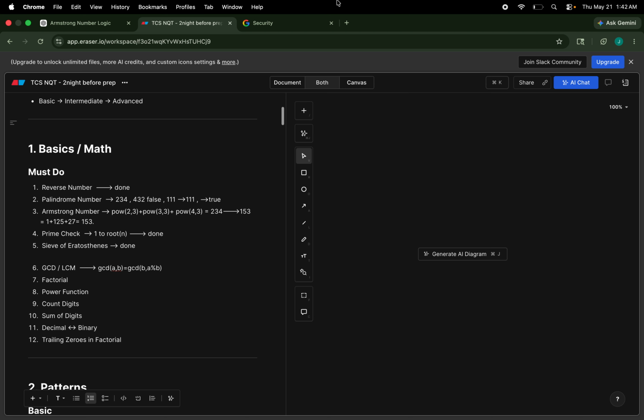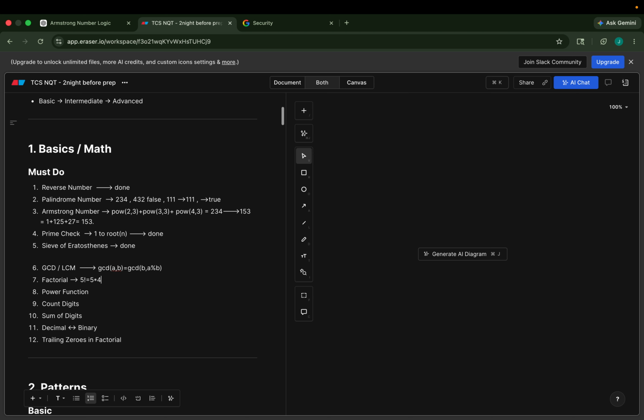Next is factorial. I don't think anything is there in factorial. If something is 5 factorial, I'll keep on multiplying with the number. If 5 is there, I'll take 5, multiply it by n minus 1, which is 4, and just keep on following it.